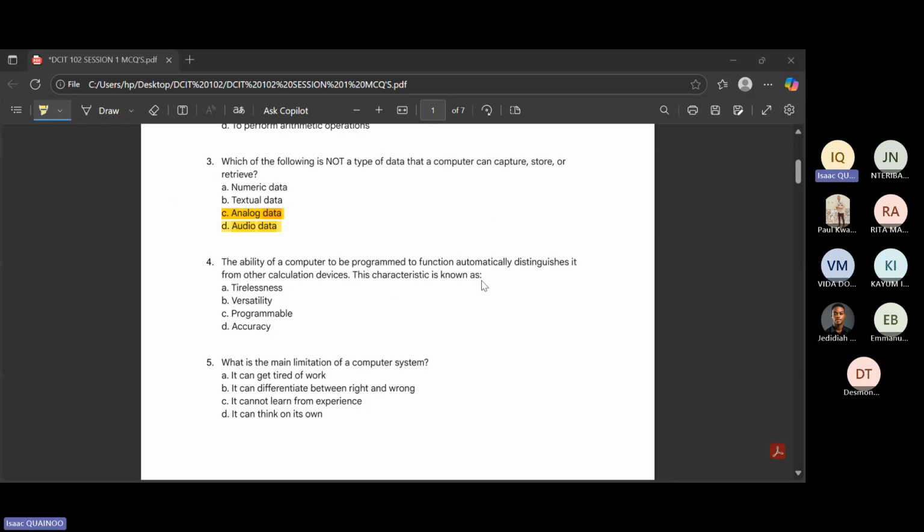What is that characteristic called? We looked at the characteristics of computers, right? We looked at things like it should be versatile, it should be programmable, and the rest.